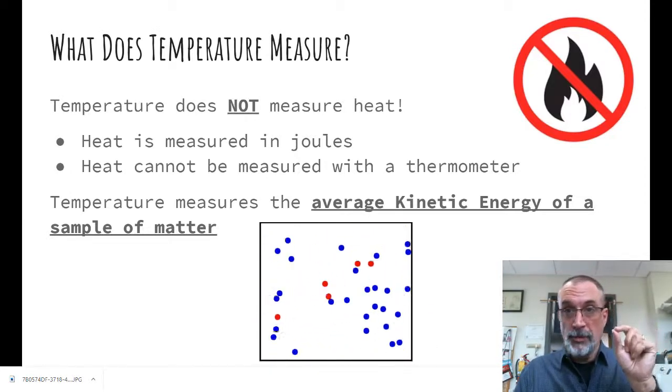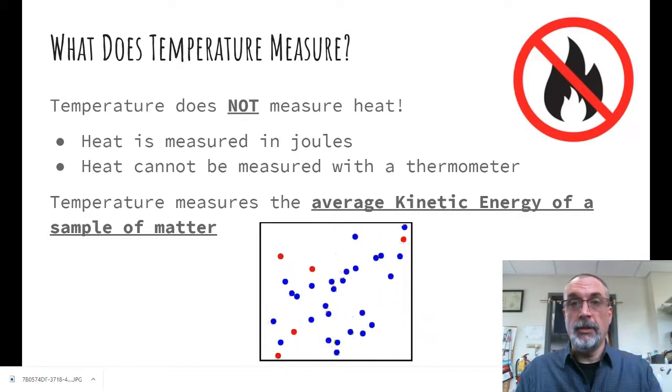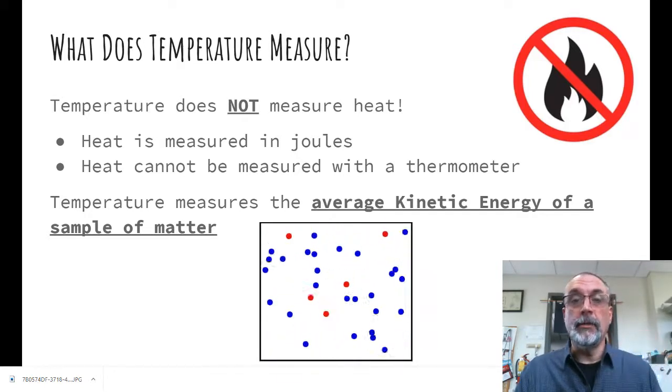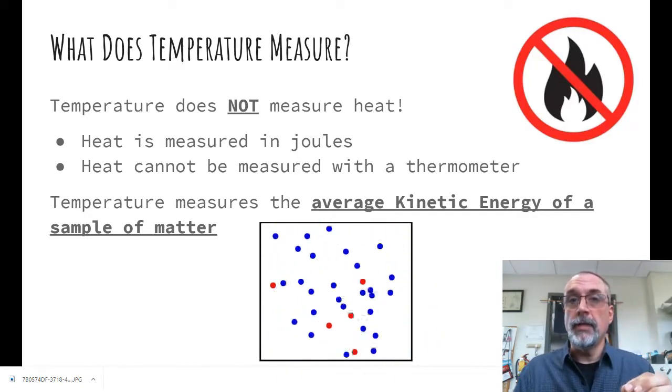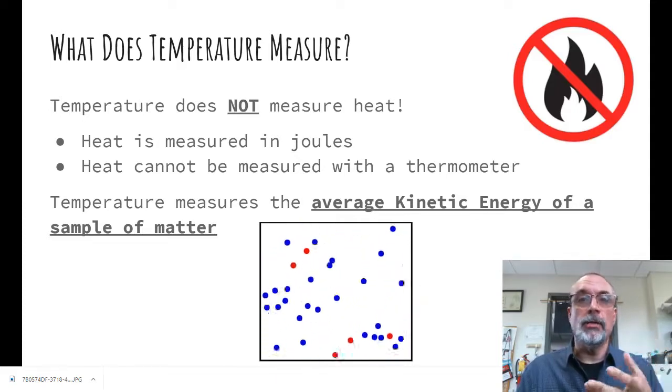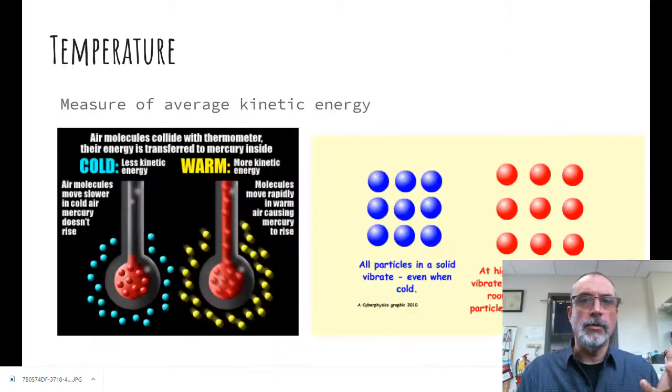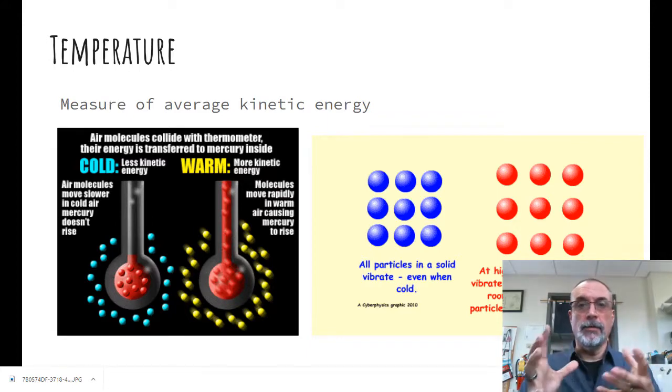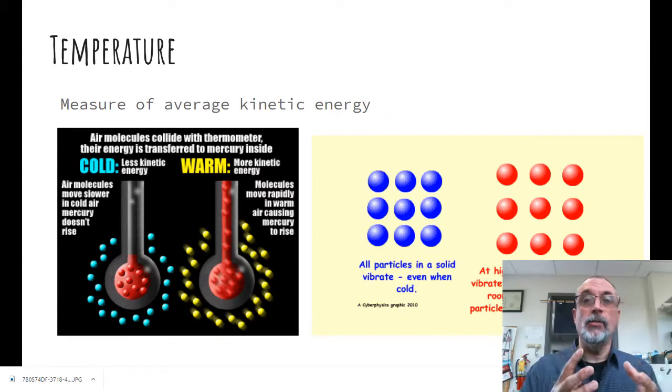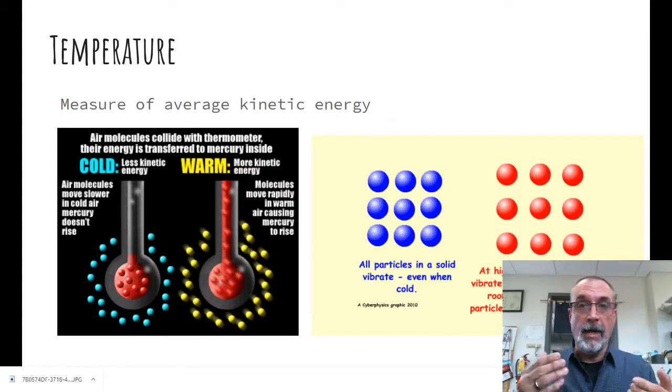And so when you place a thermometer into a sample of air, for example, or liquid or solid, what you're measuring is the movement of those particles. So how are you measuring the movement of those particles? Well, when you place a mercury thermometer into a sample, those particles of the sample which are moving are going to collide with the thermometer, and they're going to transfer their energy to the mercury inside.